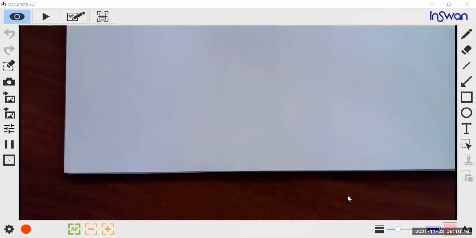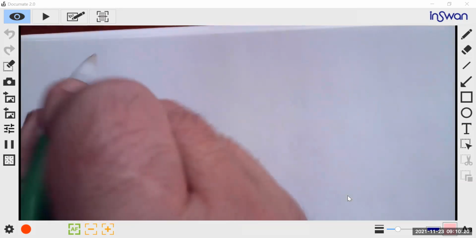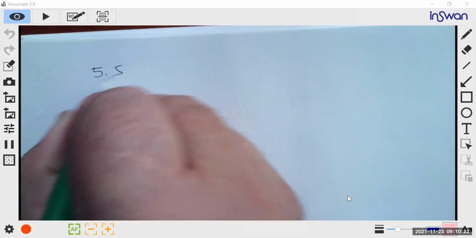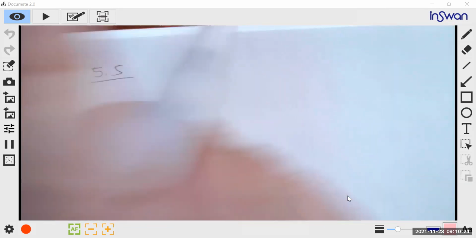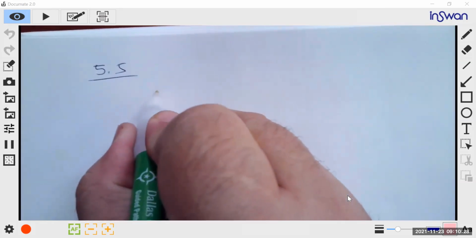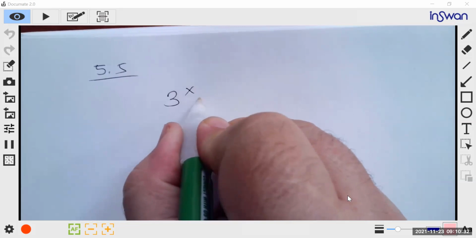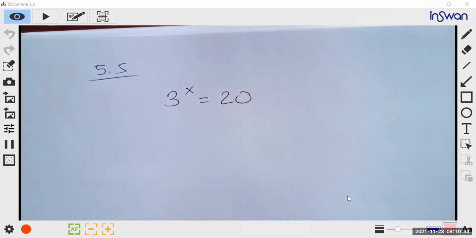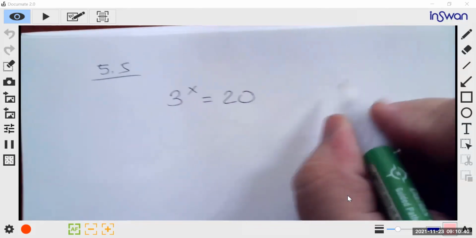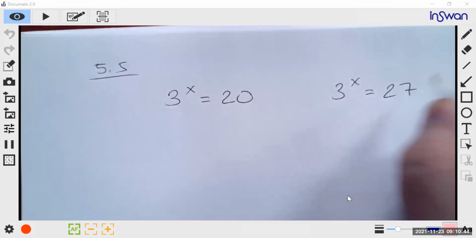All right, let's look at some examples, and then let's finish up the chapter. Let me see some examples here. Oh, here it is. Well, before we get to this one, let's look at this one. 3 to the x equals 27.